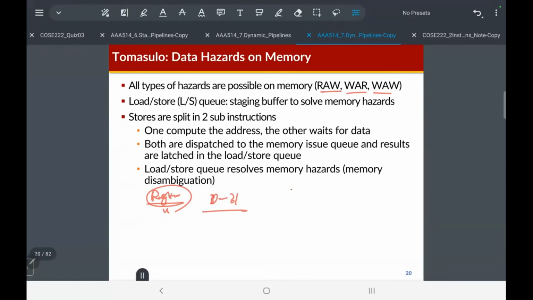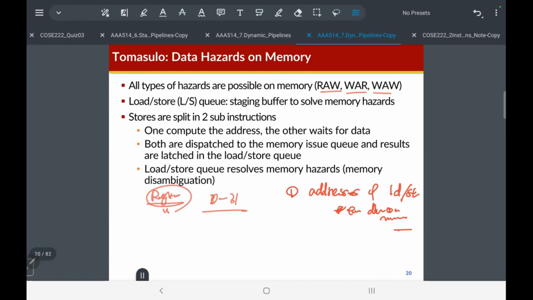Actually, we need to check the address of load or store instructions for checking data hazards on memory. But I mentioned that load is okay because load does not change any data on memory, while store is critical.